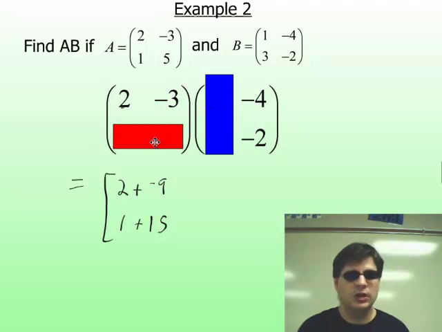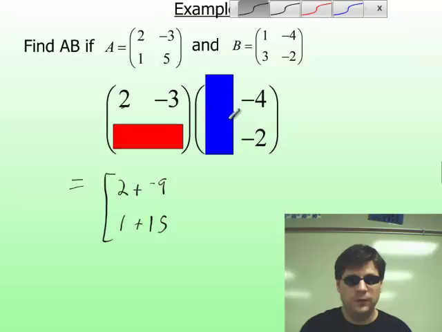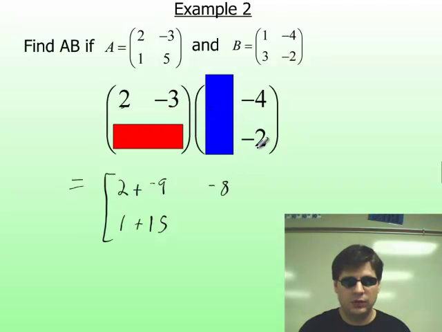So then we're going to do the first row and then second row on the second column. So 2 times negative 4, that's going to give us negative 8. Then we're going to multiply the negative 3 with the negative 2. And that's going to give us a positive 6.